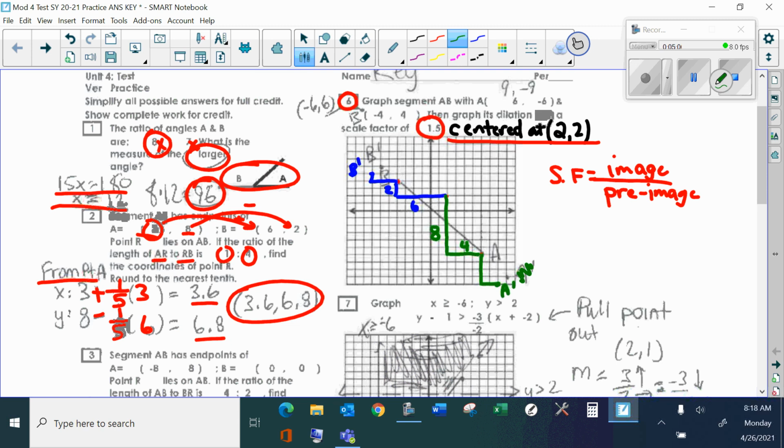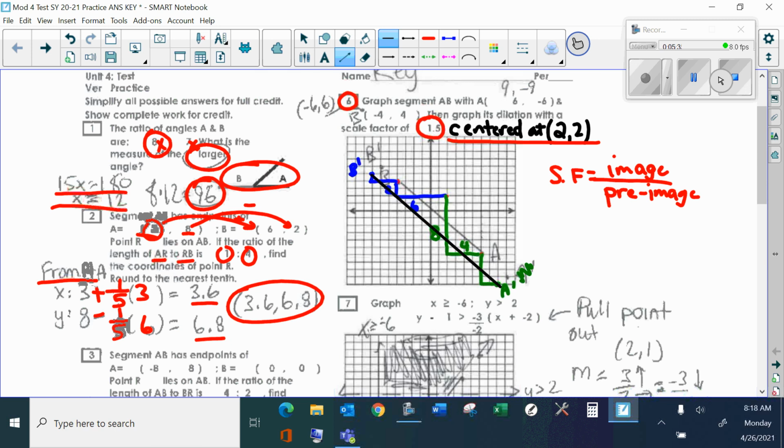This A prime is off because I changed the problem. And if I connect those two right there, that'd be 1.5 times that length right there.